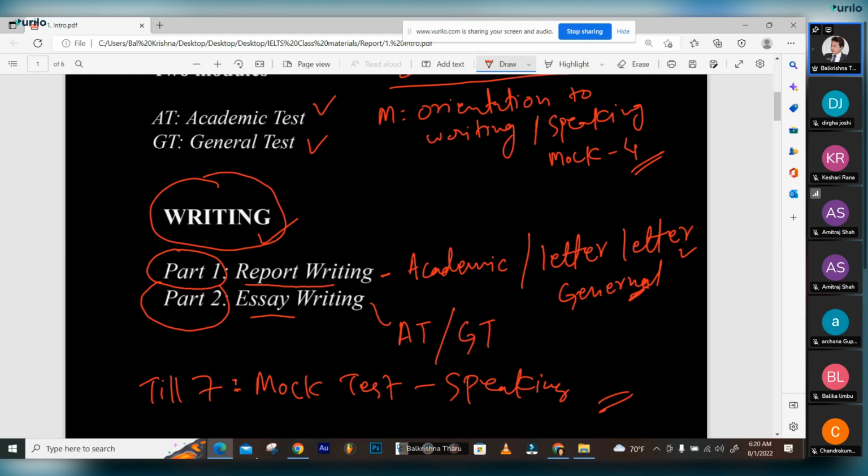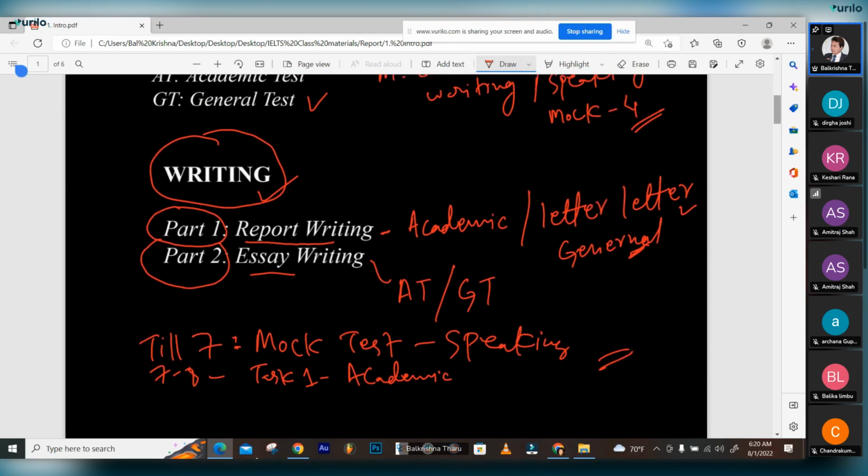And then 7 to 8, we're going to talk about task 1 for academic students. And we're going to cover task 1 for general students tomorrow. So let's get started with the mock test.